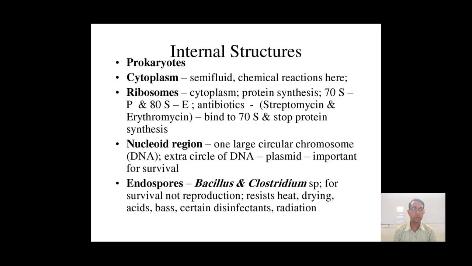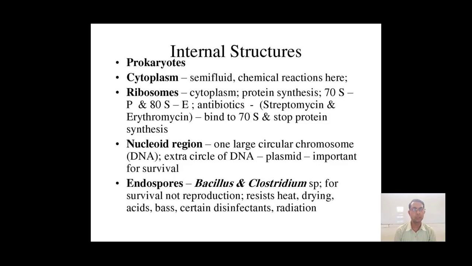Now when we talk about the internal structure of prokaryotes, there is a presence of cytoplasm. This cytoplasm is semi-fluid, and there are also ribosomes. This ribosome is known as the 70S ribosome, and the eukaryotic one is the 80S ribosome. Then there is a nucleoid region.